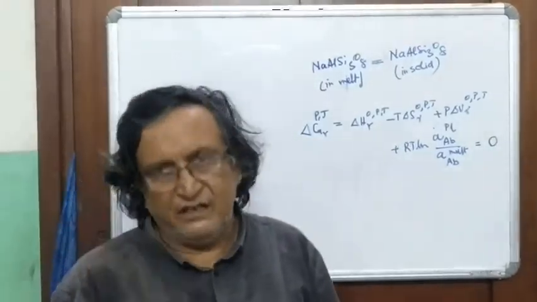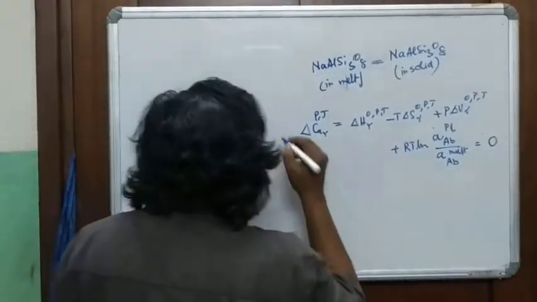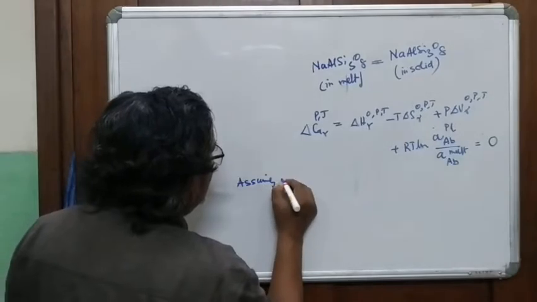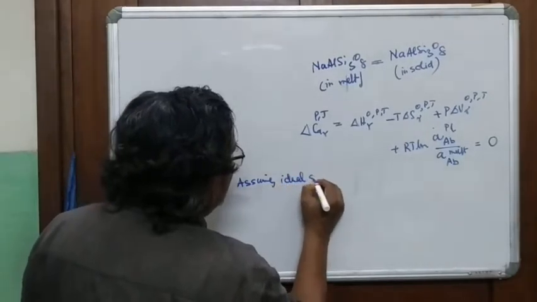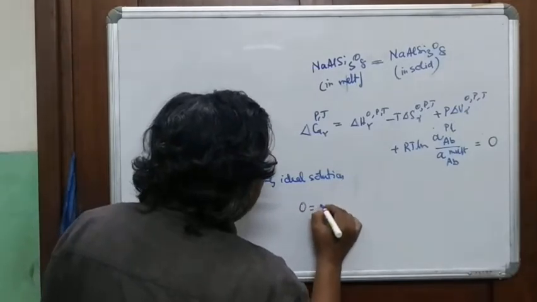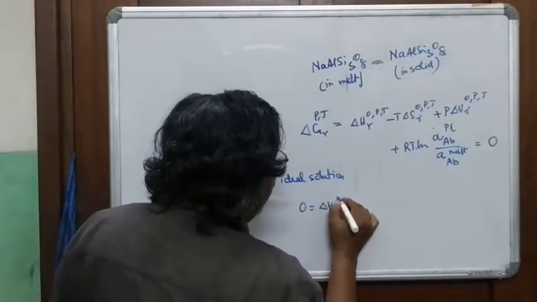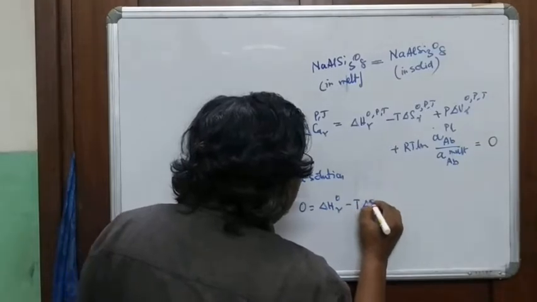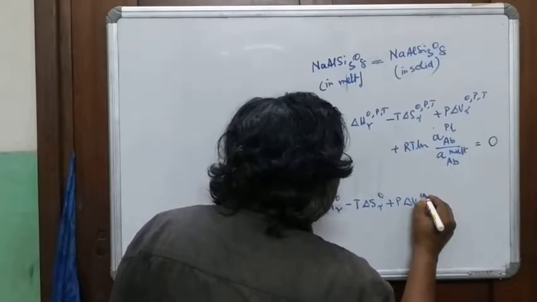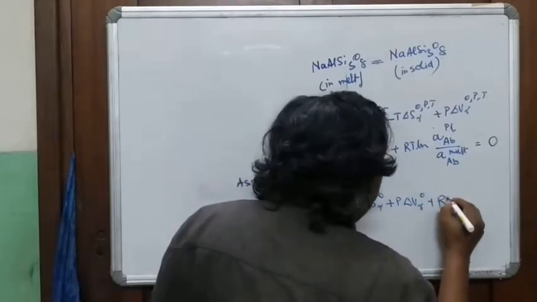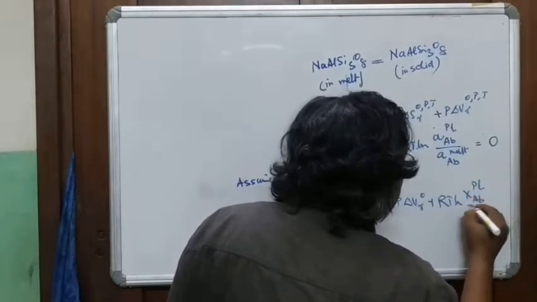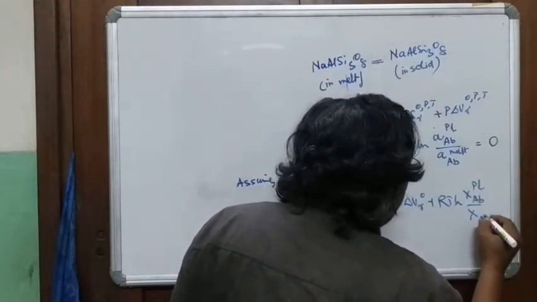So, assuming ideal solution as an approximation, we can write 0 is equal to delta H R minus T into delta S R plus P into delta V R plus RT ln X albite in plagioclase divided by X albite in the melt.